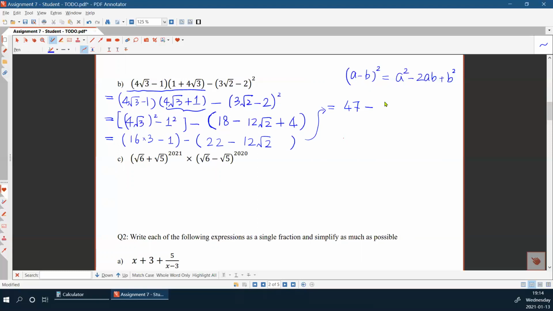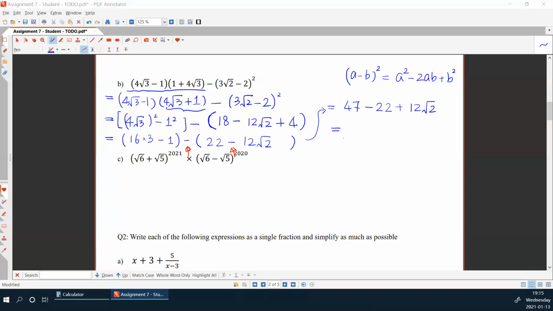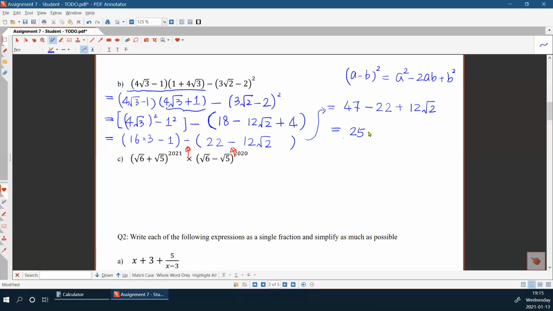And second part is minus 22 plus. Why is it a plus? Because you have a minus here, right? Minus, minus, and then you get a plus sign here. It's plus 12 times square root of 2. Okay, so the final result is 25 plus 12 times square root of 2, right?